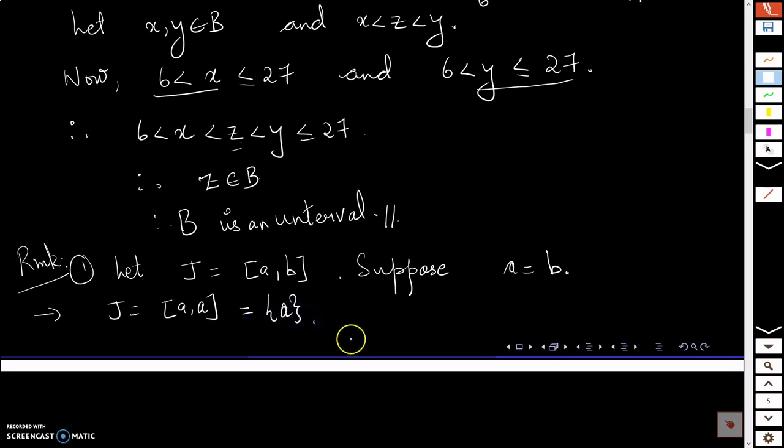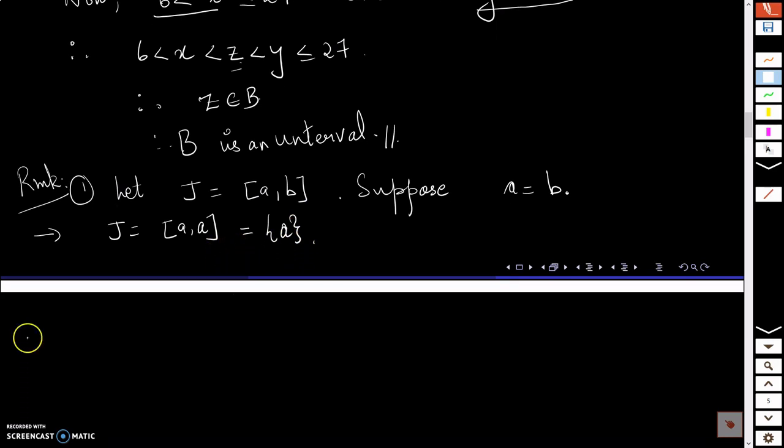As per the textbook that we are referring, singleton sets are also considered to be intervals. For example, in a closed interval, if you take a equal to b, then you're getting the singleton set {a}, which is a closed interval. So for example, if you take the set A equal to the closed interval [2, 2], this will be nothing but the singleton element 2, which is an interval.